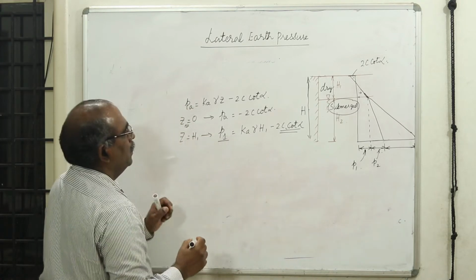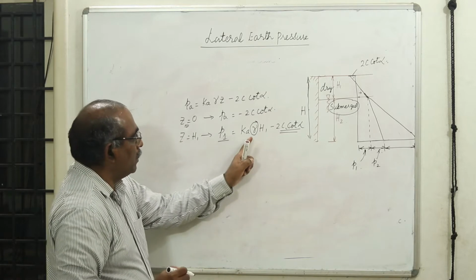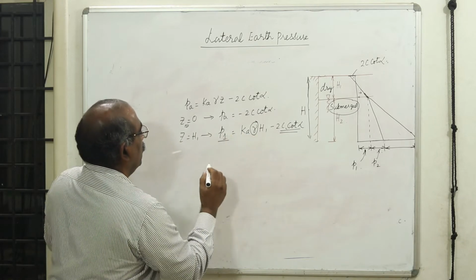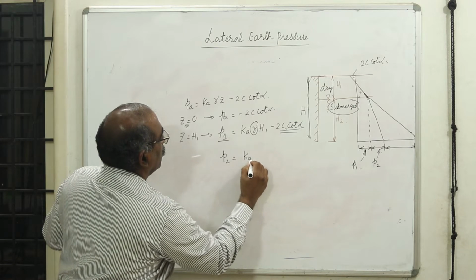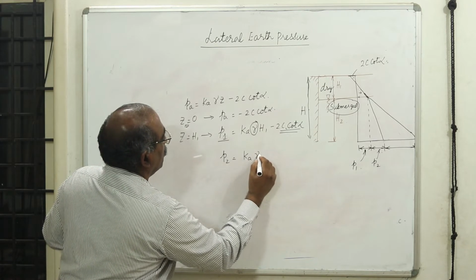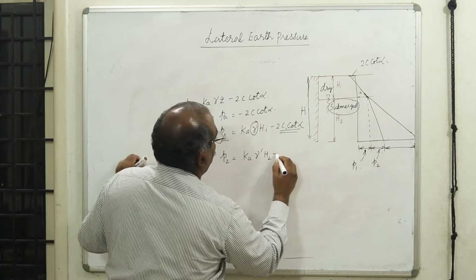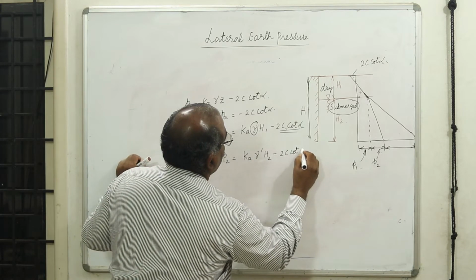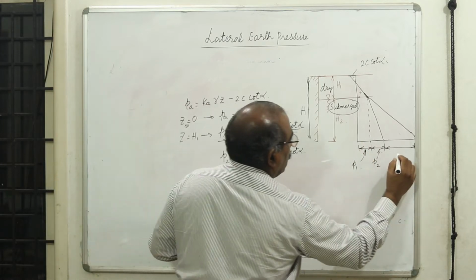Where is your gamma term? The gamma term is there only in the first term. Therefore P2 becomes Ka gamma dash into H2 minus 2C cot alpha. That is the value of P2, and this, let me call it P3.